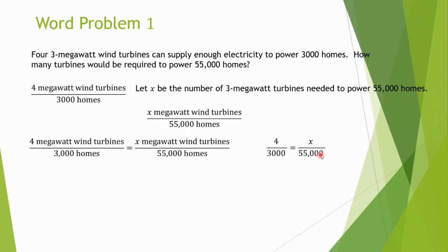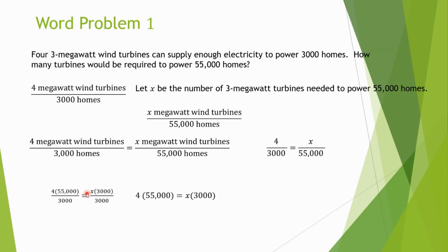And what do we do? Well, we can cross multiply. So cross multiplying, this should have come first, sorry about that, but we have 3,000 times X equals 55,000 times 4. That's what we get here.